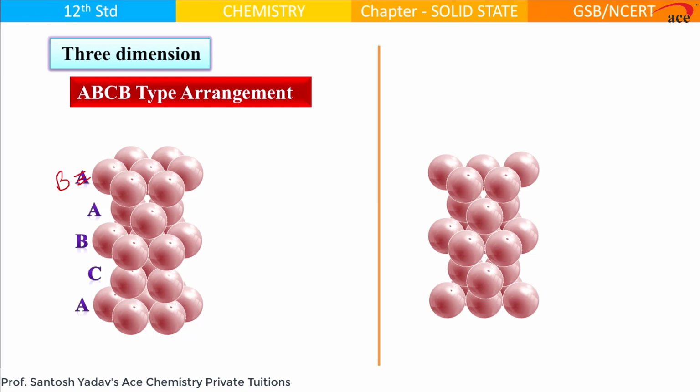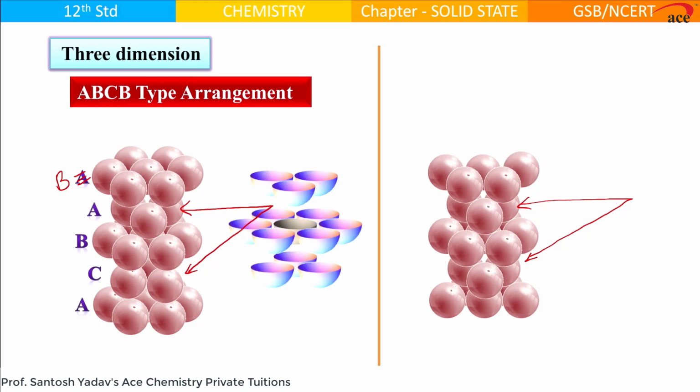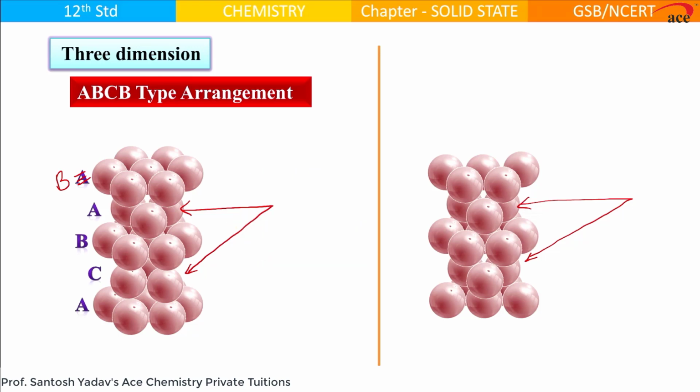If you see how this layer is arranged and this layer is arranged, it is a different type. While if you see this layer and this layer, are you able to see it is the same type? This is ABCA type of packing, and this is AB type of packing, two different types of packing.